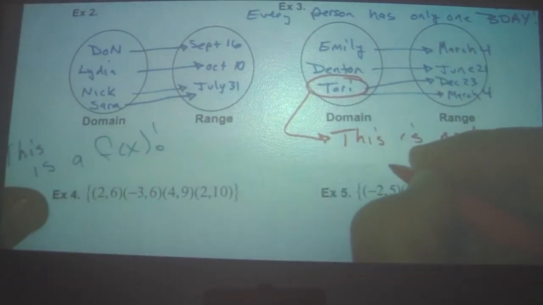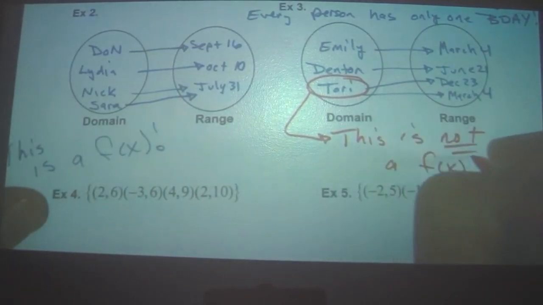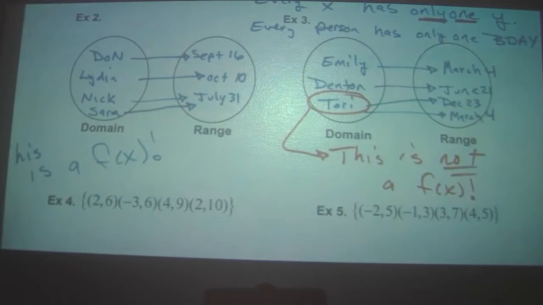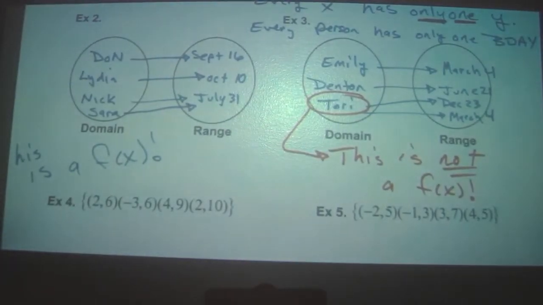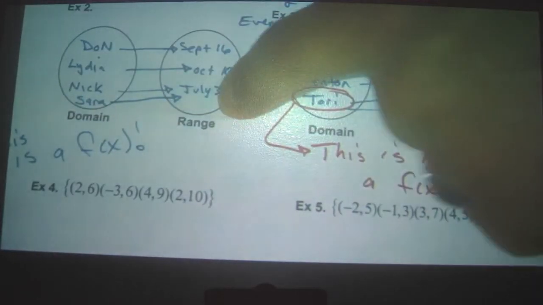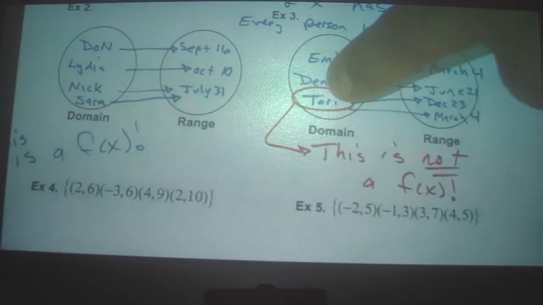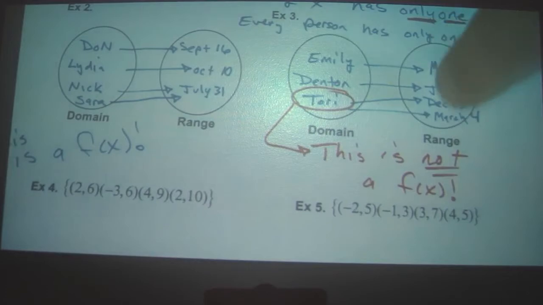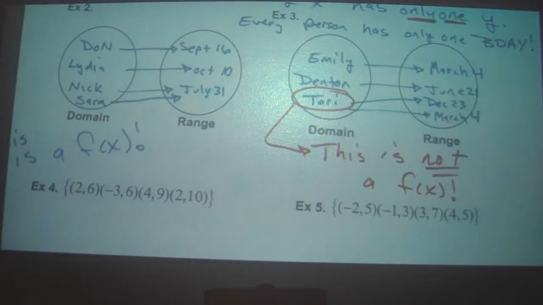This is not a function. Oh, that silly gal. All right, so do you guys see the difference? These x's are going to y's. It's okay that these 2 are going to the same y. That's normal. But Tori, this x is going to 2 different y's, has 2 different birthdays. You can't do that. Okay?